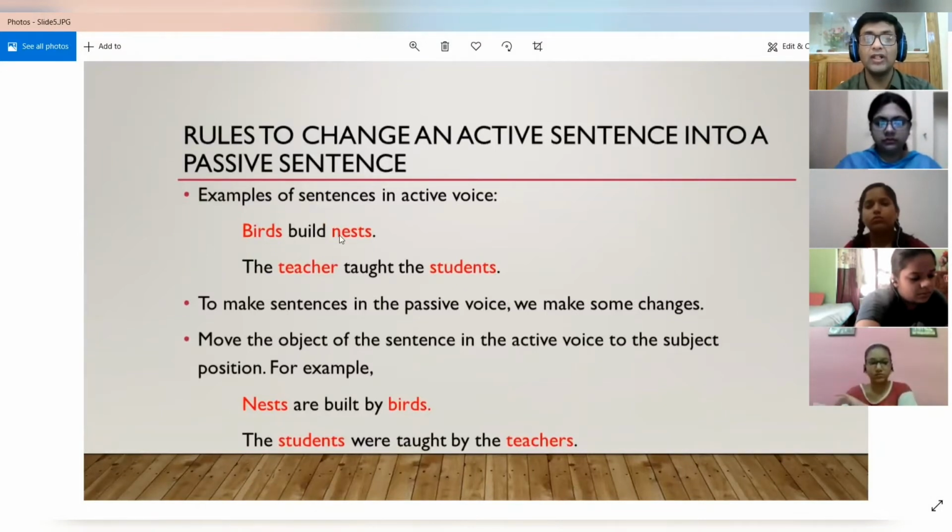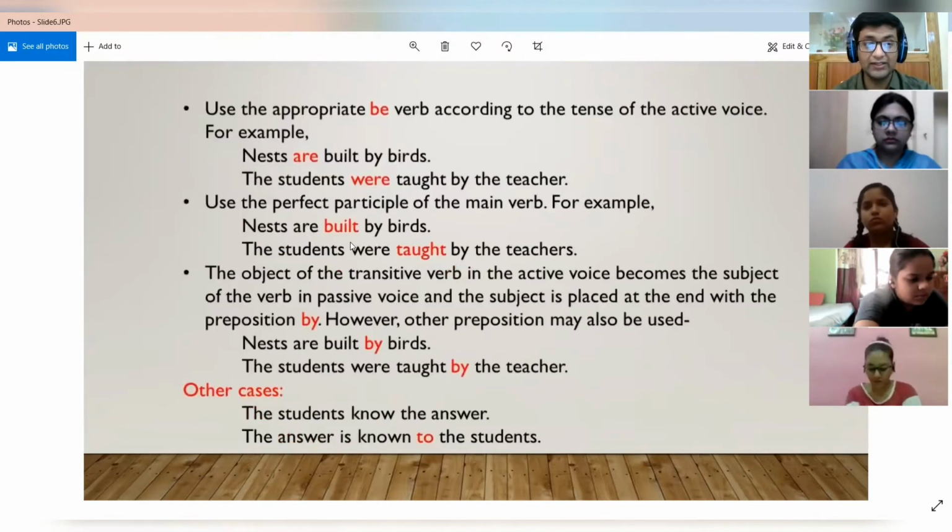Over here, you will find that nothing is attached after or before build. Build is present alone over here. But if you see the next sentence, are has been placed over here. So what is are? Are is the form of be verb, right? So it is an auxiliary verb that has been placed before build. It is important in the passive voice.